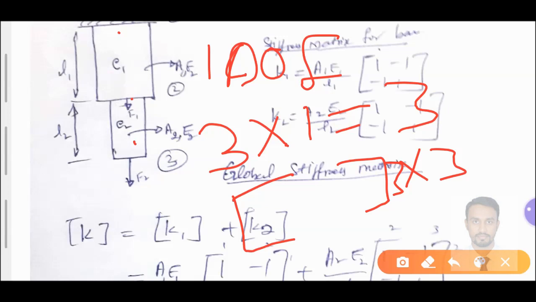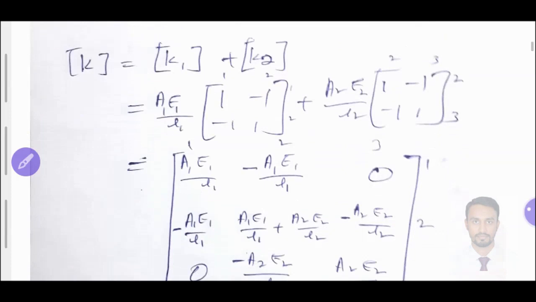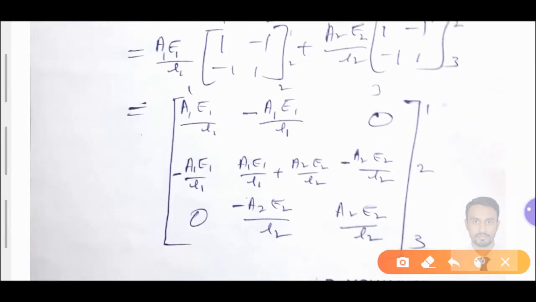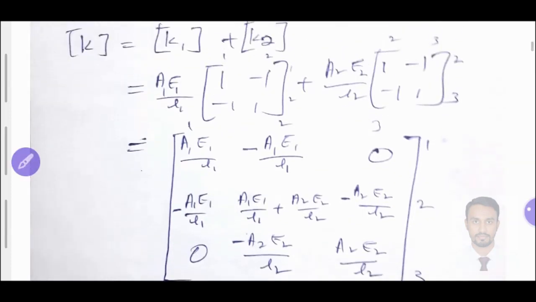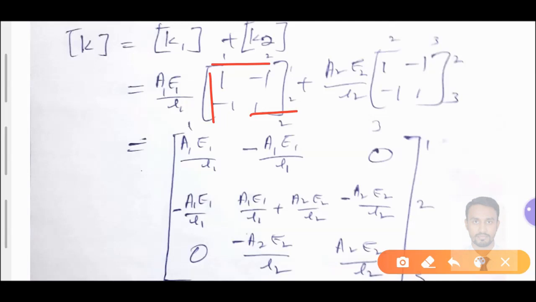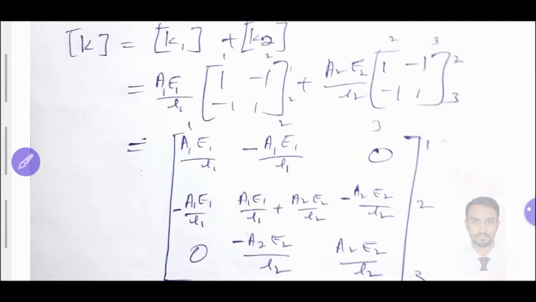So how will we get that 3 cross 3 matrix? We have 3 nodes. We'll have a first row first column, a second row second column, and a third row third column also. So now we'll have a 3 cross 3 matrix.